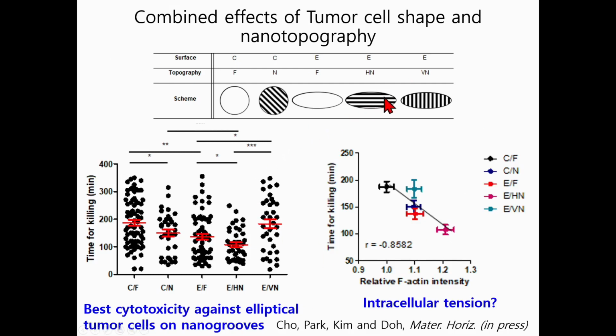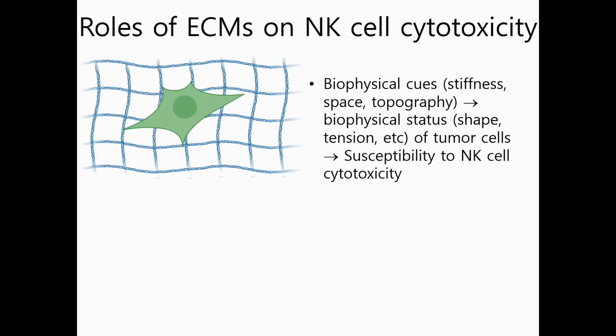We see the best killing with this elliptical shape with horizontal nanostructure, and that has something to do with, again, Rho-mediated cytoskeletal tension, which is the highest here. We see a positive correlation between cytoskeletal tension and killing. So somehow that converges into cellular tension.